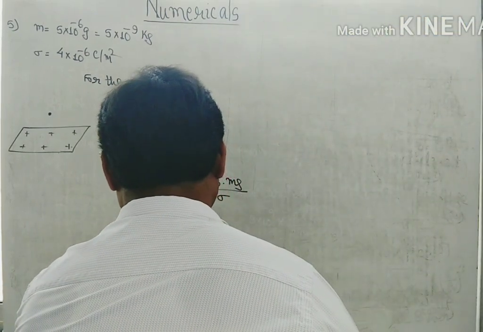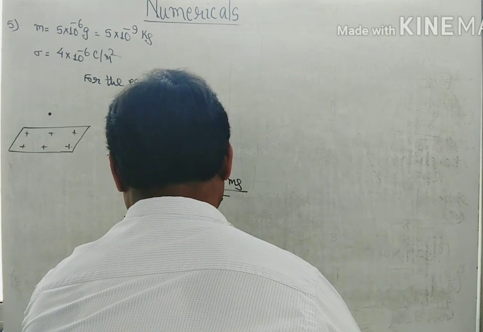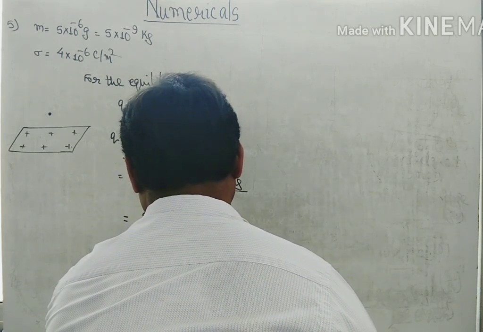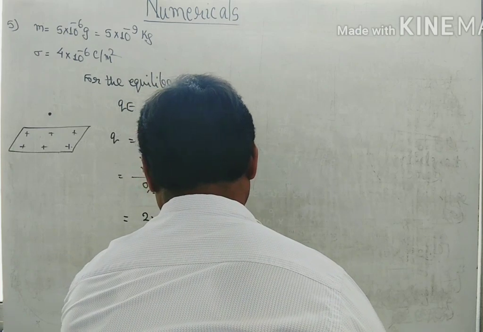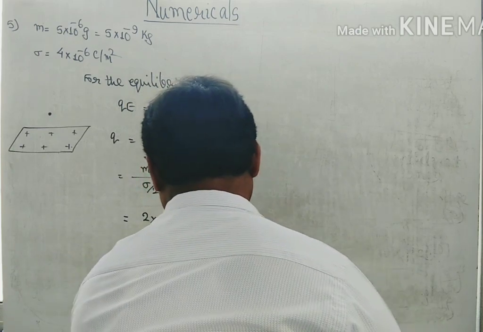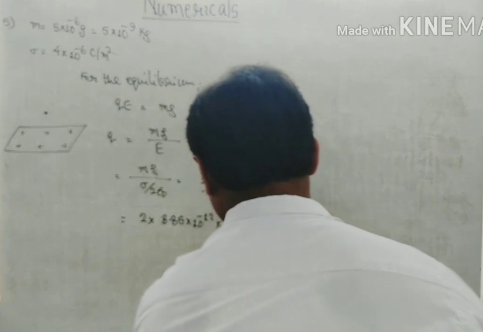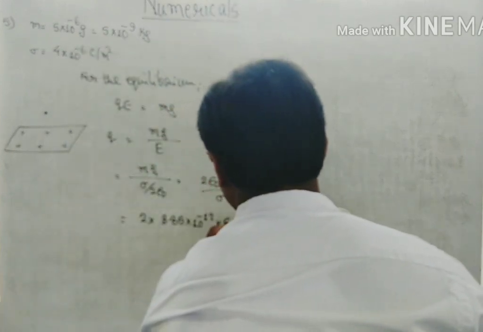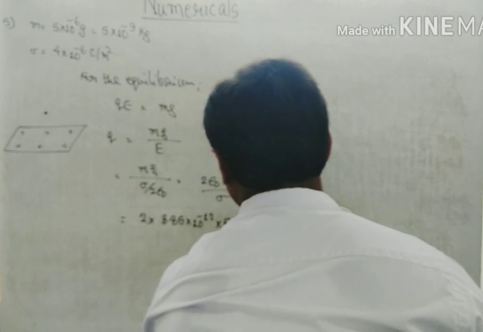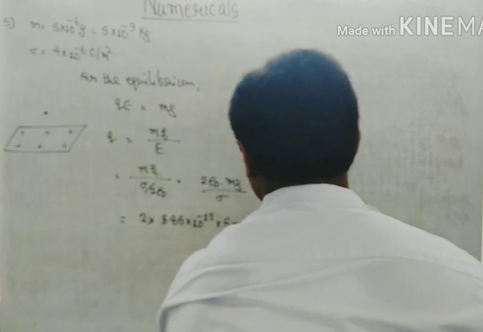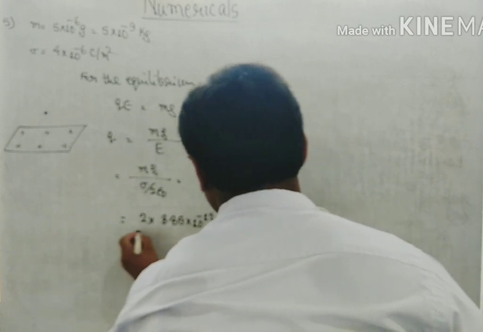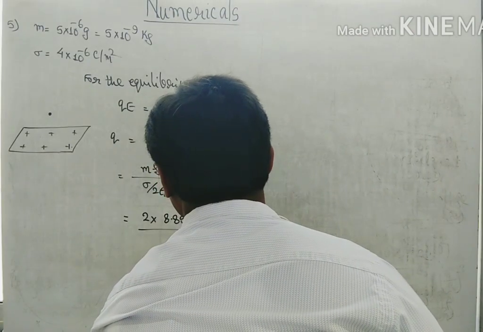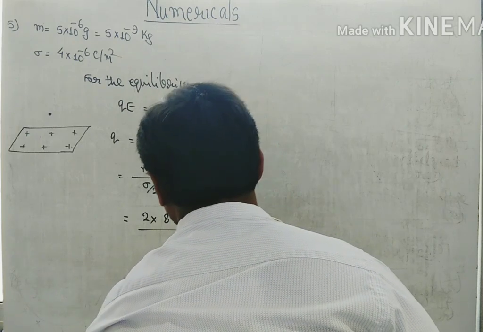So just let me place the values. 2 into 8.85 × 10^-12 into, the mass is given to be 5 × 10^-9, gravity we have 9.8, upon sigma, 4 × 10^-6.